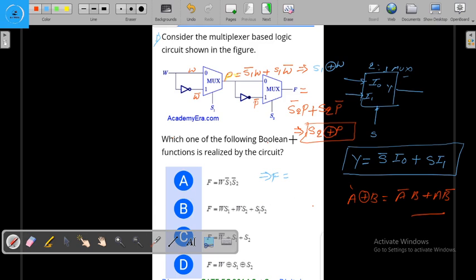P is S1 XOR W, so F will be S1 XOR W XOR S2.